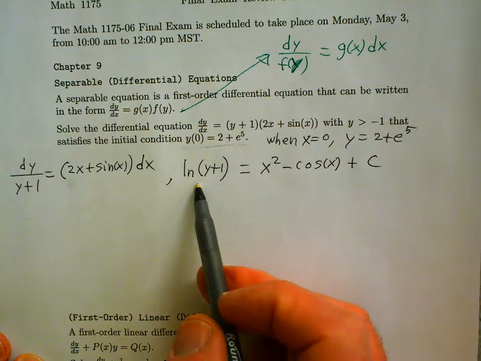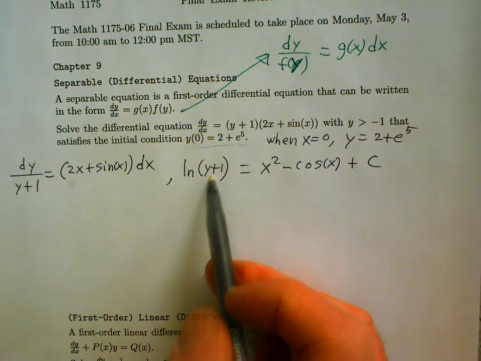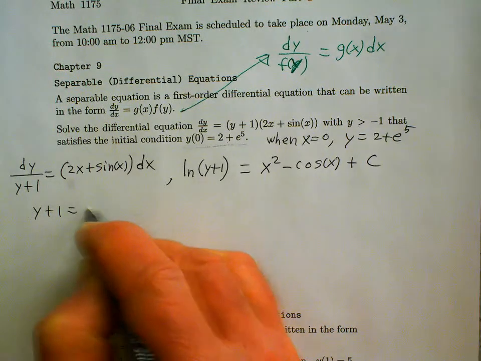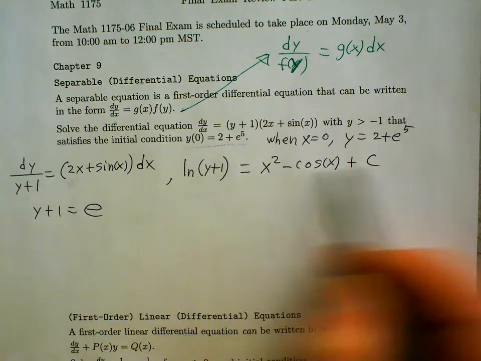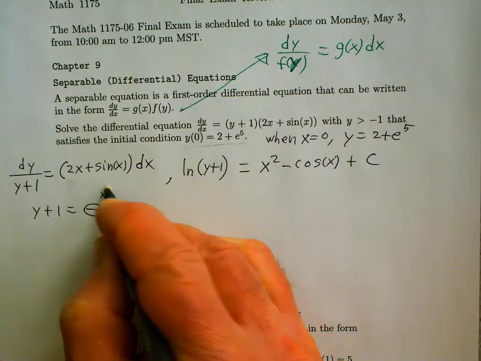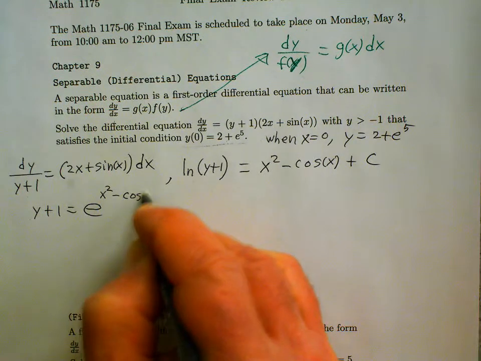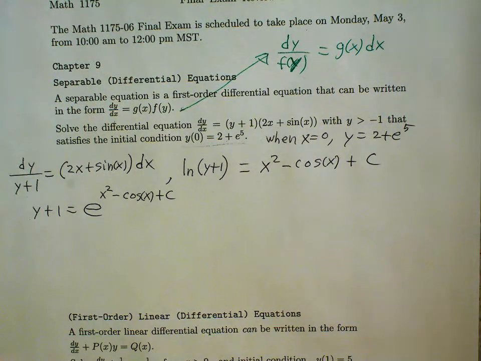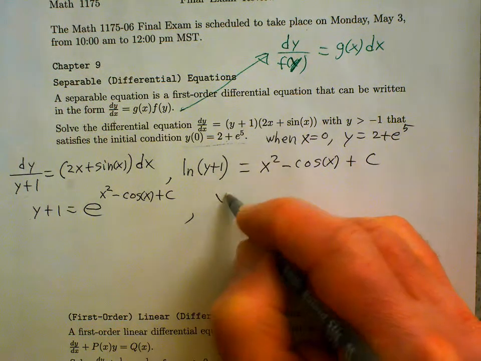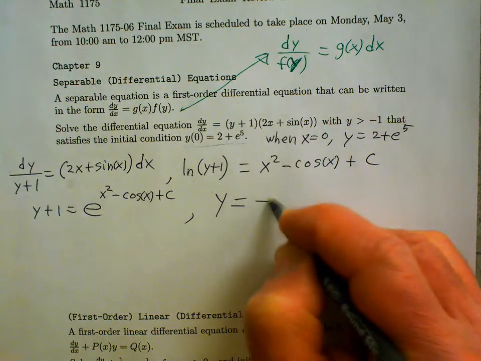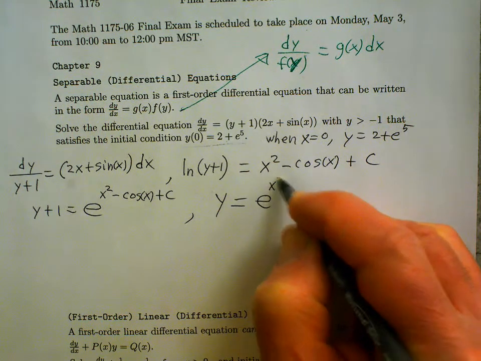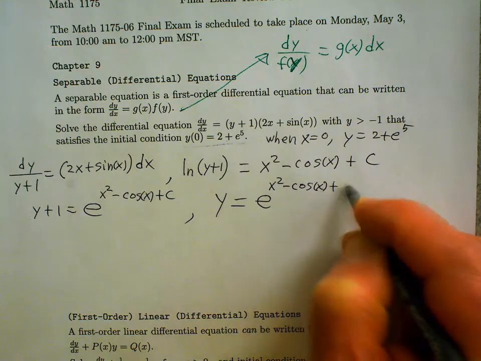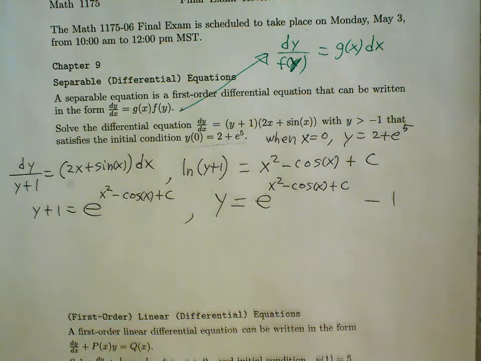So using a property of logarithms, we can write y plus 1 is equal to e raised to the exponent x squared minus cosine of x plus c. And so y is equal to e to the x squared minus cosine of x plus c, and then minus 1.